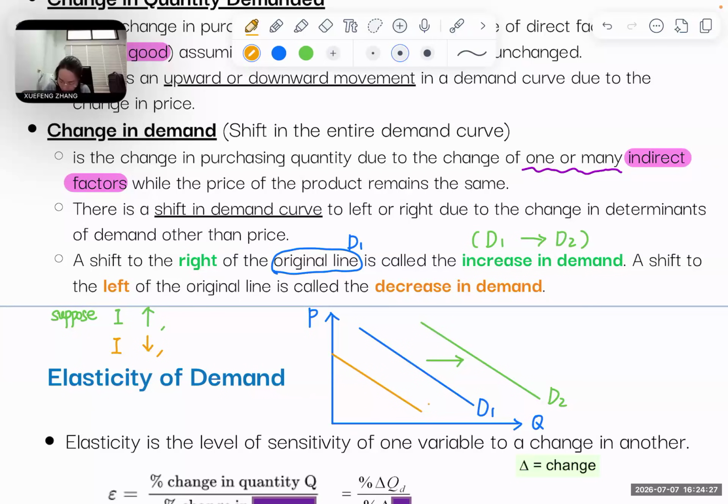So we have D3 here, a shift to the left of the original line. So it's called a decrease in demand from D1 to D3.